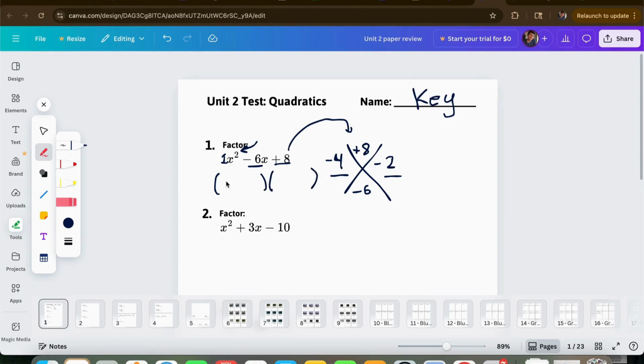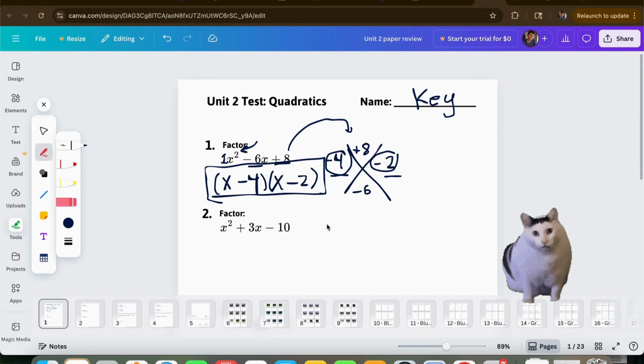Since this is the easy type, I know that the first term of each binomial will both be x, because x times x becomes x squared. So all we were really solving for were the 2 constant terms in the binomials, which go here and here. The order doesn't actually matter as to which one goes left or right, but that right there is the factored form of this quadratic.